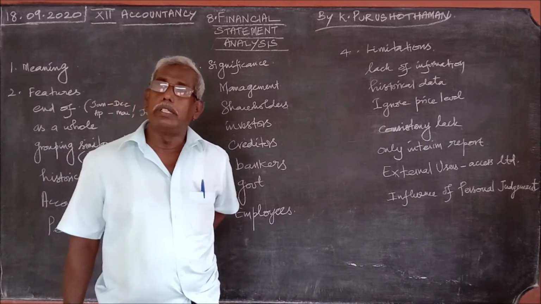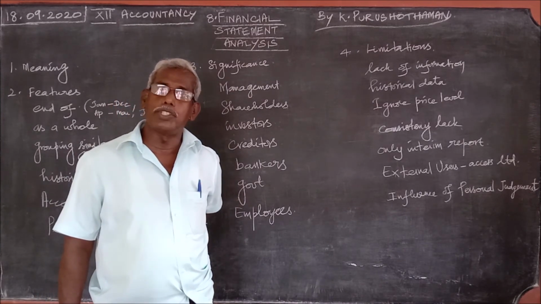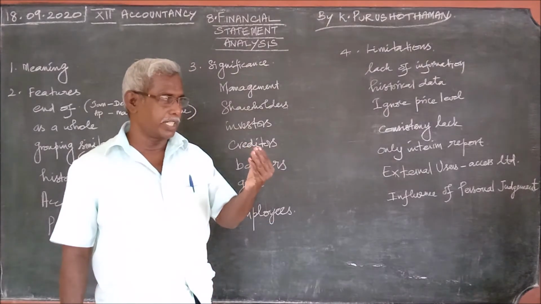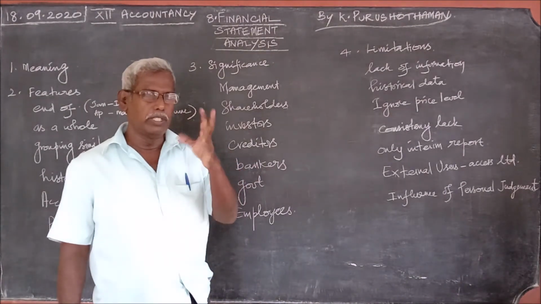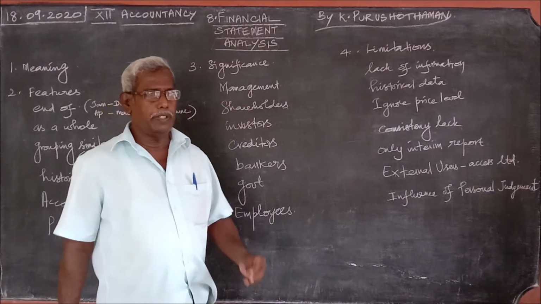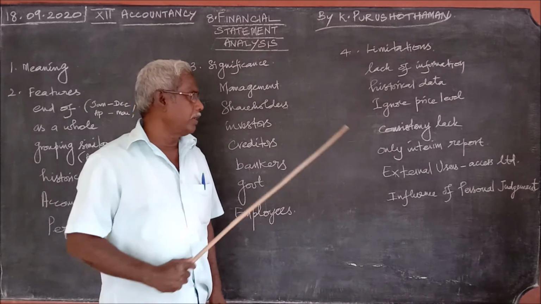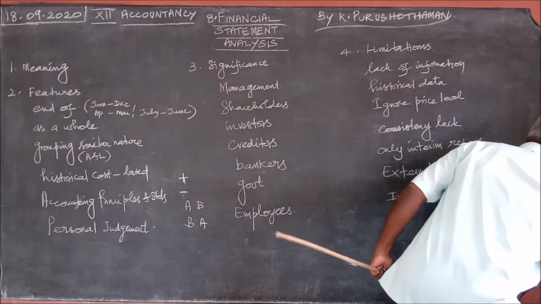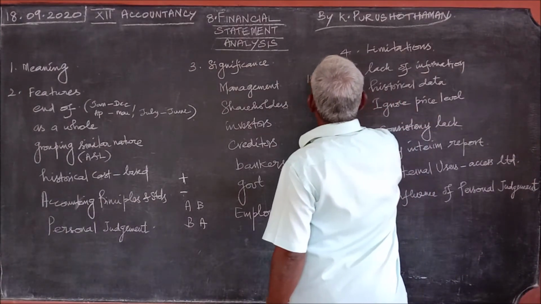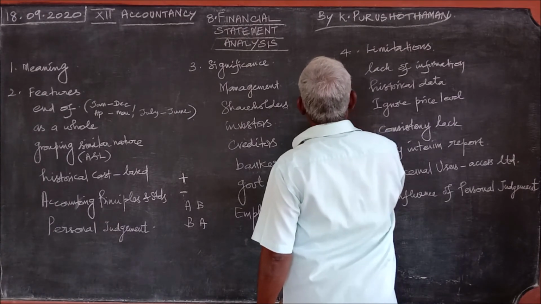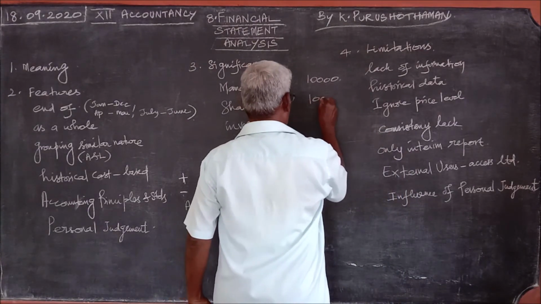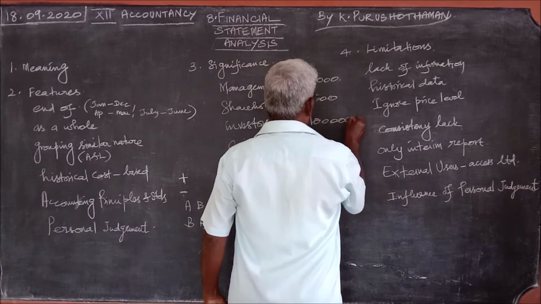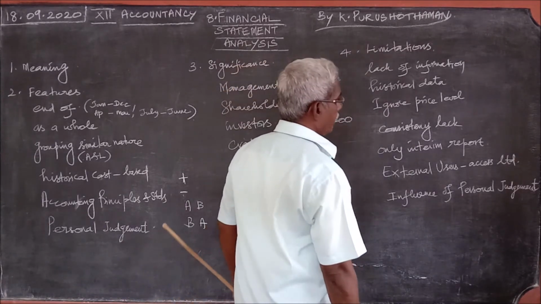But how far the information collected is true, how far it is genuine, nobody knows. Just for example, instead of 10,000 with 4 zeros, it may be written with 5 zeros, sometimes it may be written as 1,000, whatever it is.